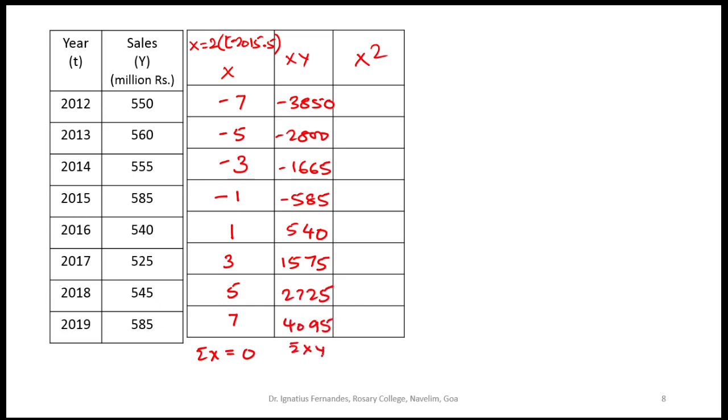So summation xy, if I find the sum of all this, comes to 35.